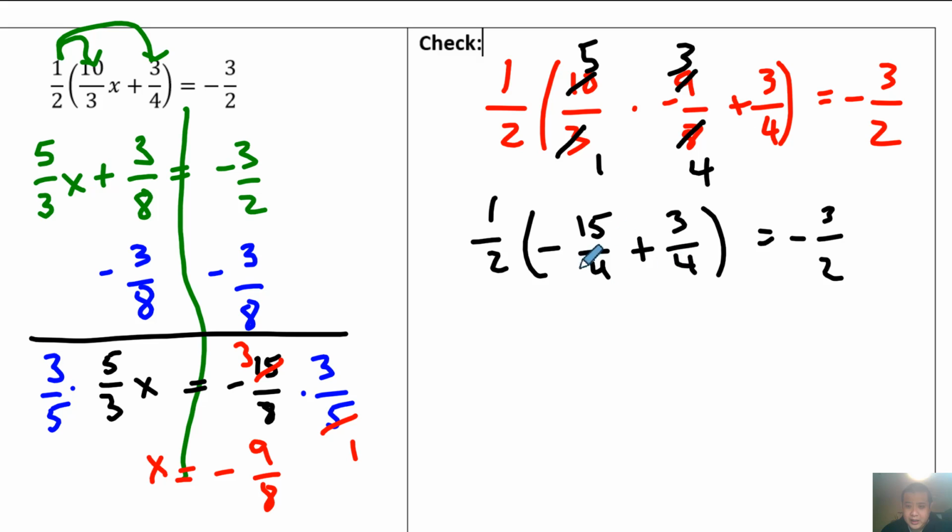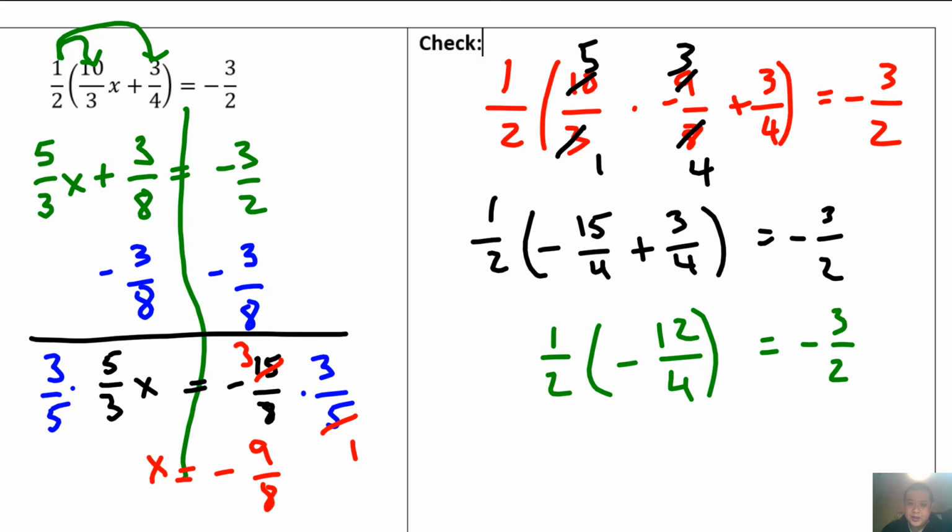And then we add inside the parentheses, that's the next thing, and negative 15 plus 3 is negative 12, so we have 1/2 times negative 12/4 equals negative 3/2. Then we're going to do some multiplication, and here again we can do some cross-canceling. So we got 2 and 12, right? And so that becomes 6.